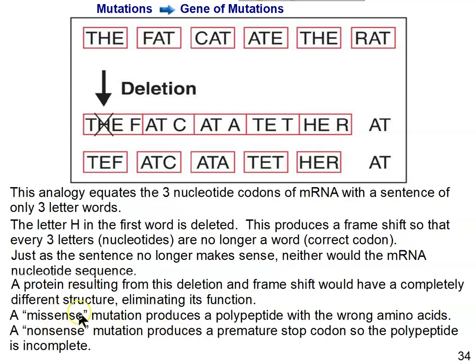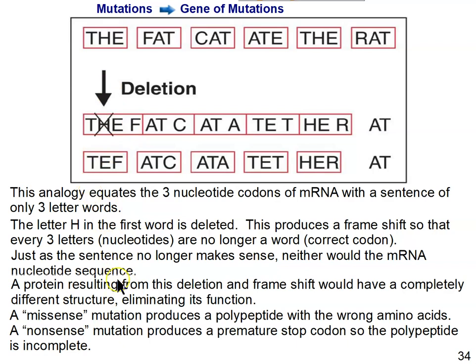So we identify mutations as either being missense or nonsense. A missense mutation is like we see here. There would be amino acids produced and strung together as long as this isn't a change in the start codon. But it looks like it is, because that mutation is in the very first word, which represents the first codon.